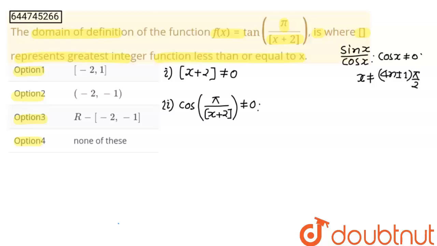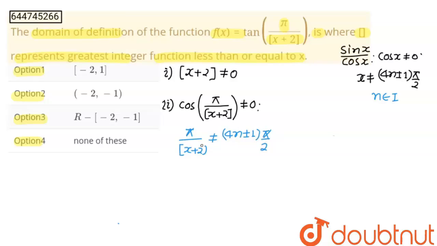Here n belongs to integers. First of all, this part, pi upon [x] + 2 should not be equal to (4n plus minus 1) pi upon 2.